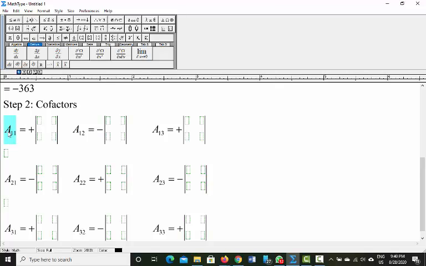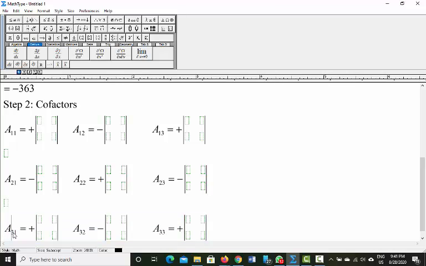The name of the matrix is A, and this element is in the first row. Since this is the first row, what will the name of the element be? This first number indicates the row address. Since we are in the first row, it will be 1. Since now we are in the second row, this will be 2. Now we are in the third row, so this will be 3.